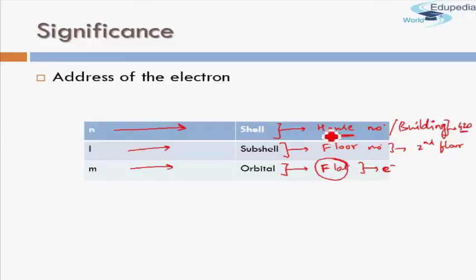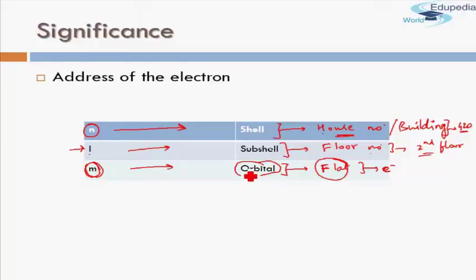You can say that you reside in this building, or you live on the 2nd floor, but ultimately you are living inside the flat. Likewise, we can say that the electron belongs to the shell n, or it lives in the subshell l, but ultimately it will be staying inside m, the orbital.